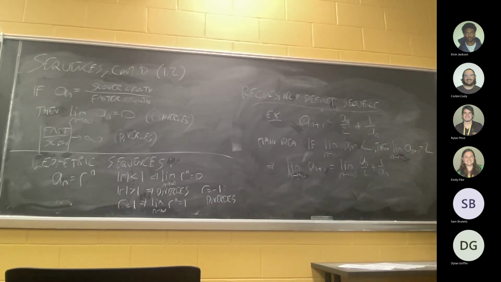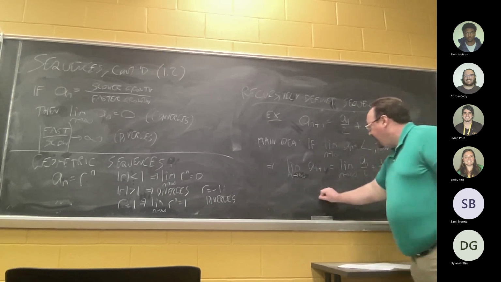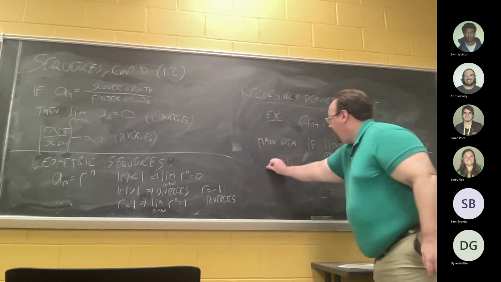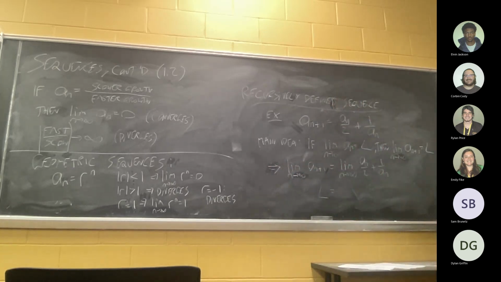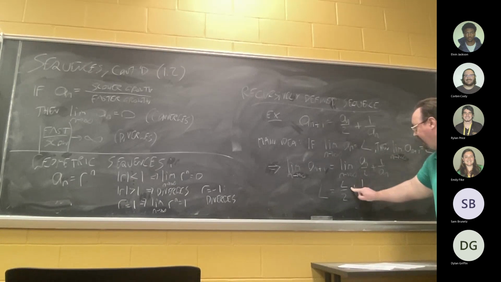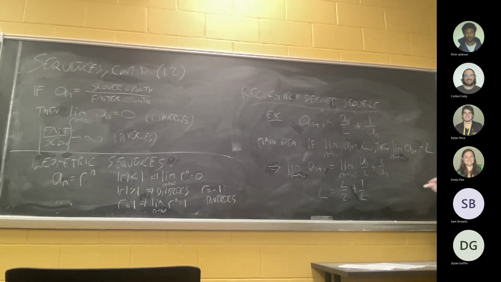Now, the limit of the left side is just going to be L. We don't know what L is, but whatever L is, that's going to be the limit. And then the limit of the right side will be L over 2 plus 1 over L, because L is the limit of a_n.